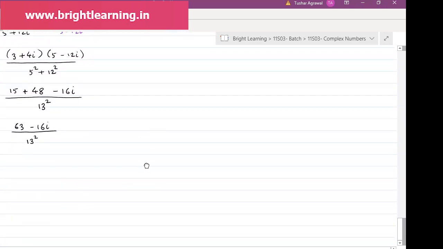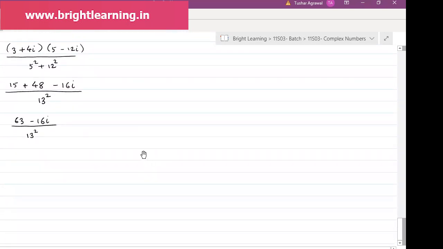Am I doing it correct? Okay, so z is equal to 63 upon 13 square minus i times 16 upon 13 square.